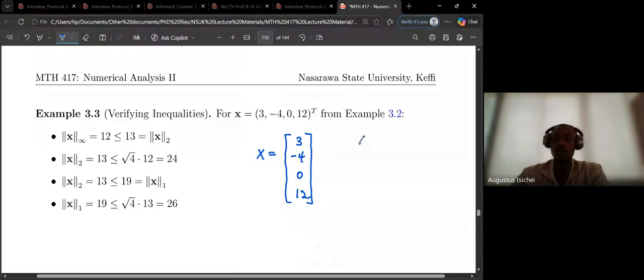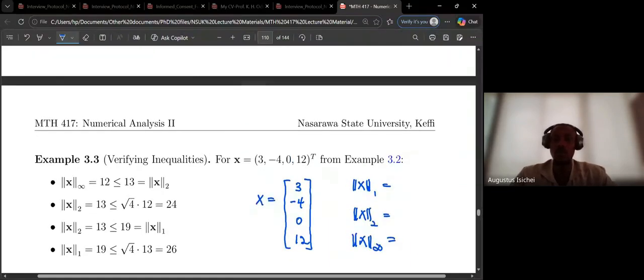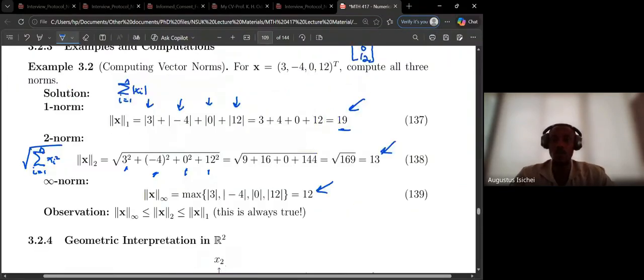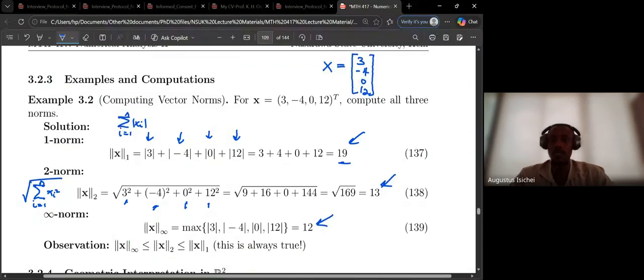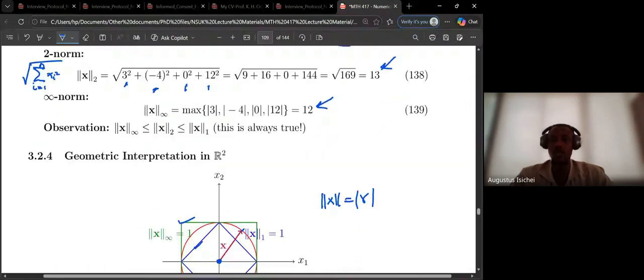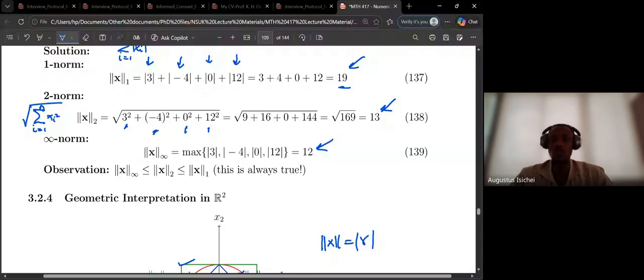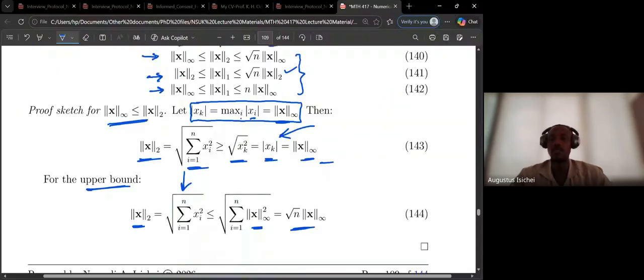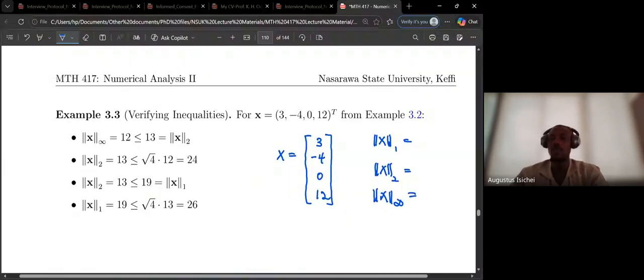Let's write it down: the norm of 1, the norm of 2, and the norm of infinity. Let's get the values again. We got the 1-norm as 19, the 2-norm as 13, and the infinity norm as 12. 19, 13, 12.